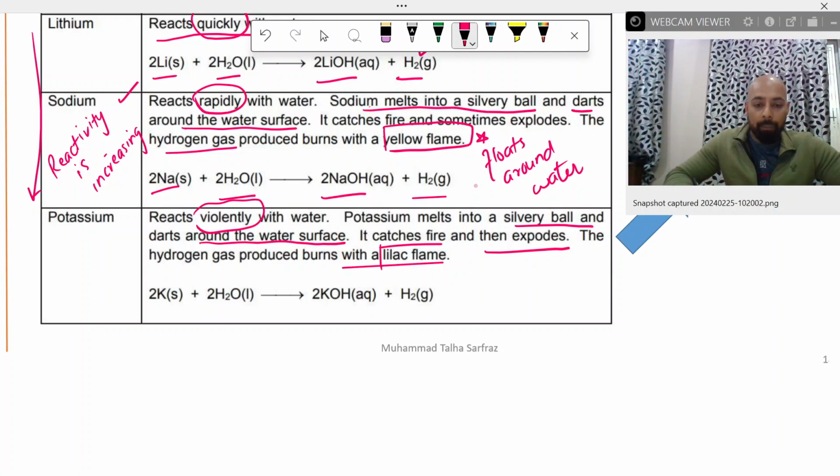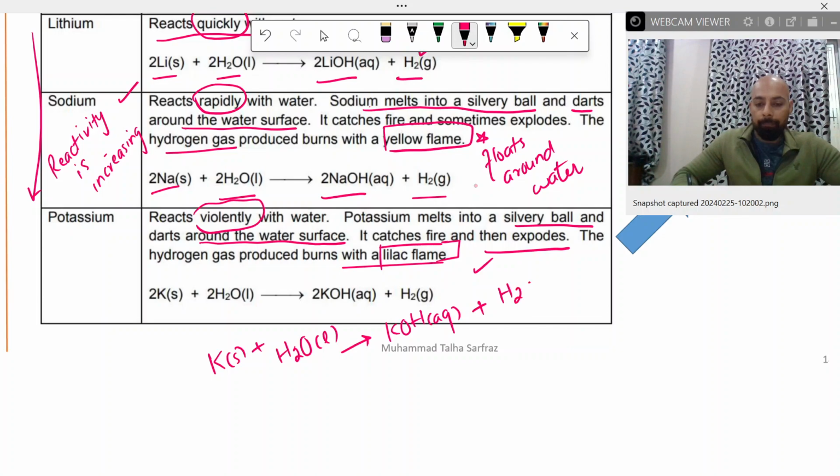Remember the flame colors: sodium is yellow and potassium is lilac. The equation is potassium plus water gives potassium hydroxide and hydrogen gas. Balance it correctly, put 2 and 2 here, and the equation is balanced.